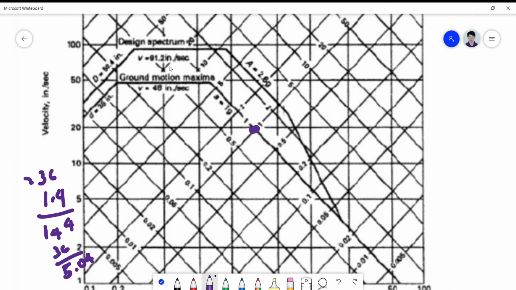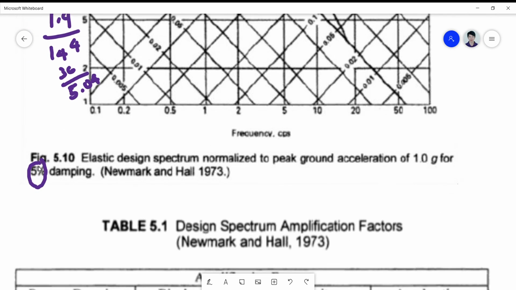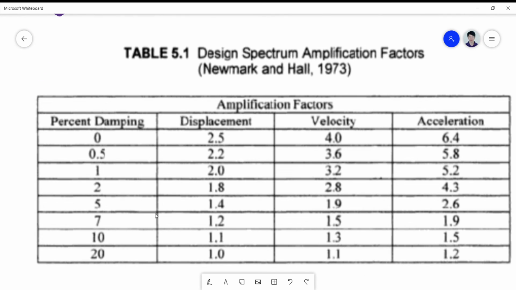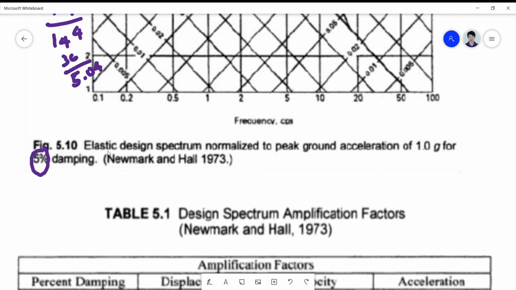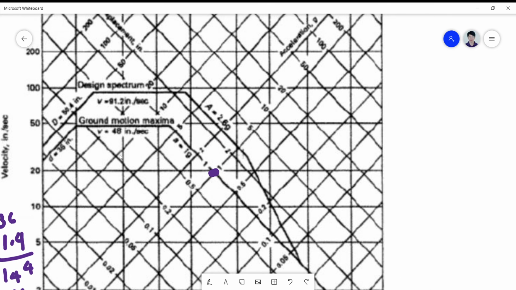And for your velocity, if you will look into the velocity of 48 inches per second, you simply multiply it again by 1.9. You get 48 times 1.9, you get 91.2.